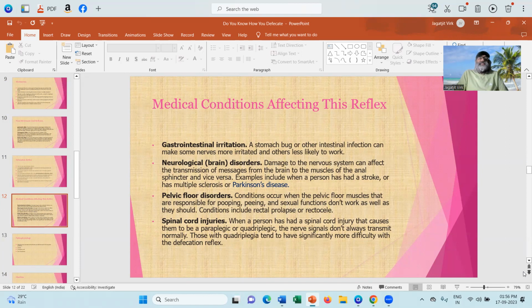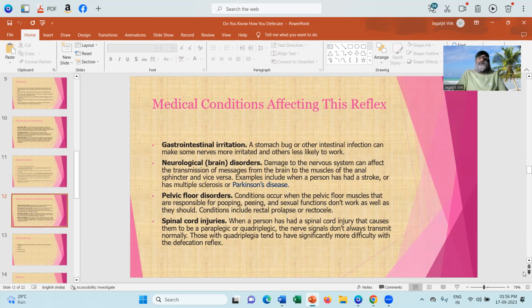Gastrointestinal irritation. A stomach bug or other intestinal infection can make some nerves more irritated and others less likely to work. Neurological or brain disorders. Damage to the nervous system can affect the transmission of messages from the brain to the muscles of the anal sphincter and vice versa.